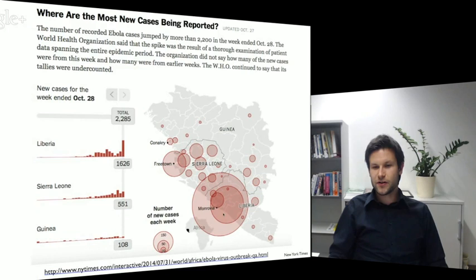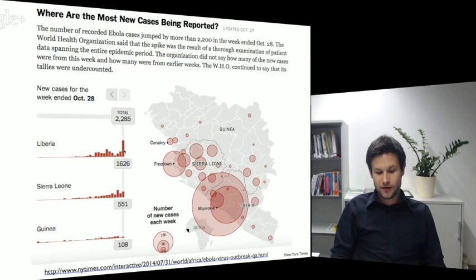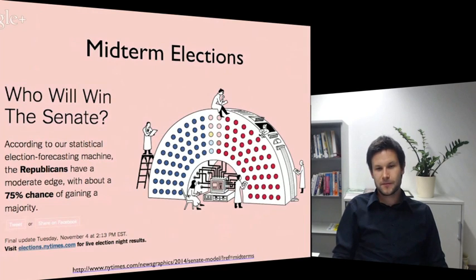The bigger the circle here is, the more cases they had in this region, and this is also interactive, so you can move back in time and look at the different points in time. They have a whole collection that is trying to take you by the hand and follow a story, which is the Ebola outbreak in that case. So this is just one tiny part of it.